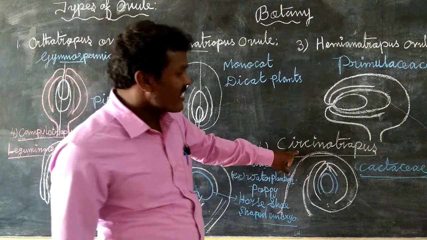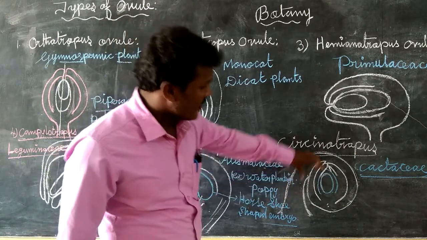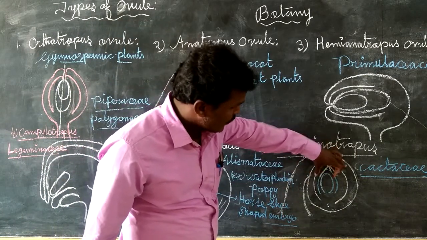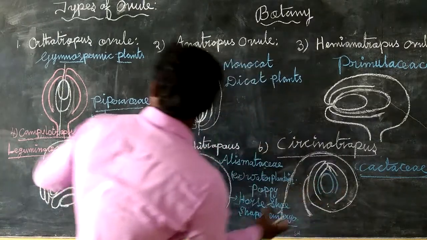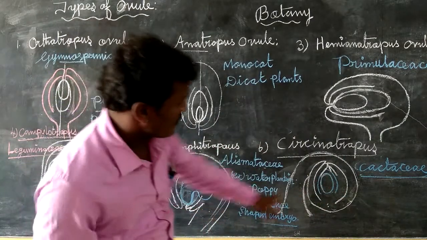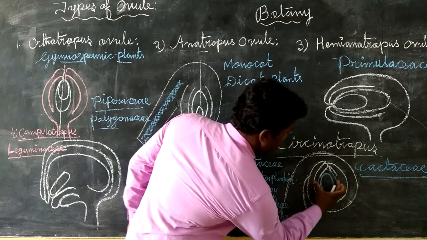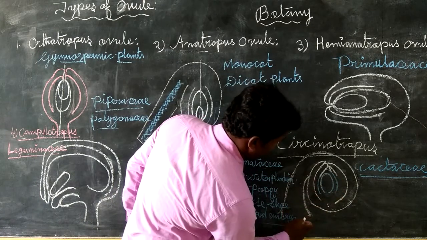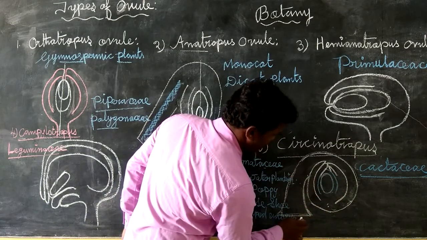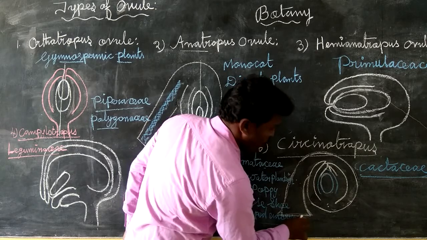Next one, circinotropous ovule. In circinotropous ovule, you could see the ovule is just like the orthotropous, the first type of ovule. But the funicle, this is the placental region. This is the placenta, the region where the ovule is attached to the ovary wall.